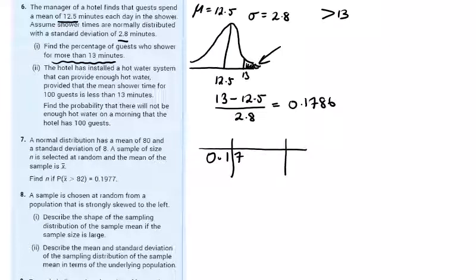Well, let's look at it this way. I'm at 0.17 and I'm 86% of the way to 0.18. So why don't I look at 7 and 8? And we get 86% of the way there. So it's going to be a small number anyway, because these are so small.